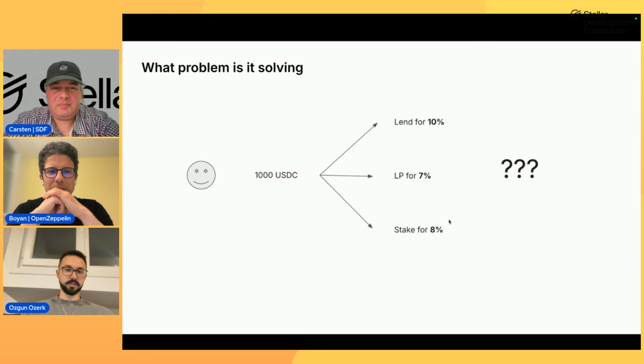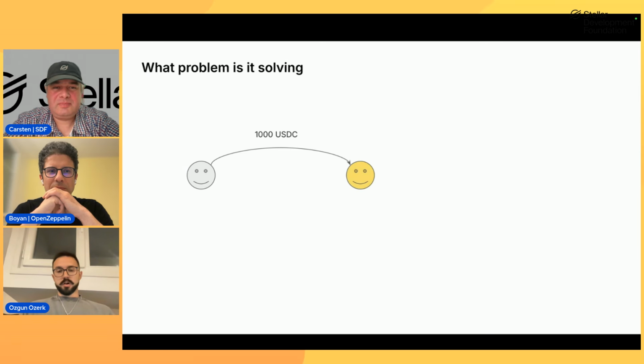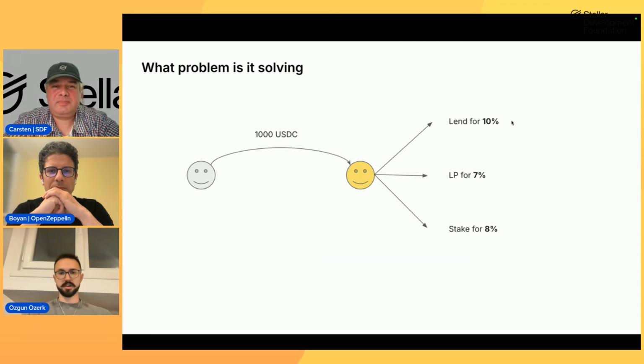You can lend it, you can provide it for liquidity, or you can stake it, right? But these are all the options you can do. Or you can have a manager of your funds for utilizing the best option out there.